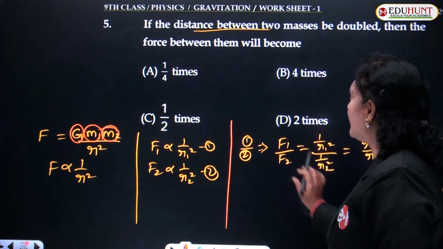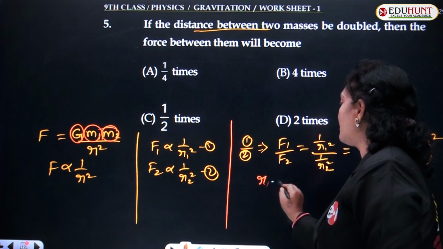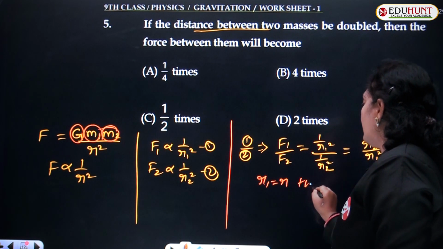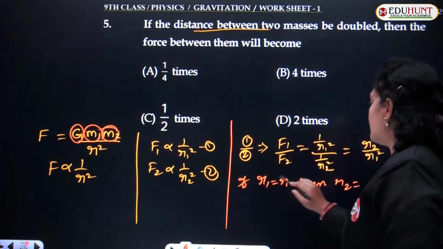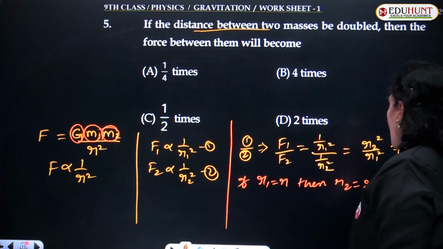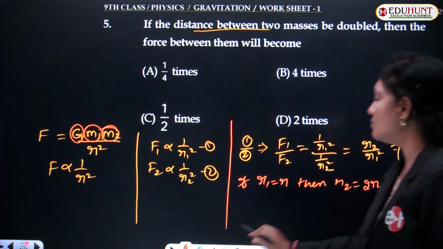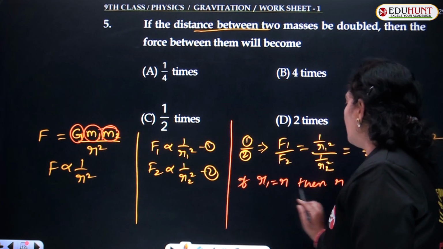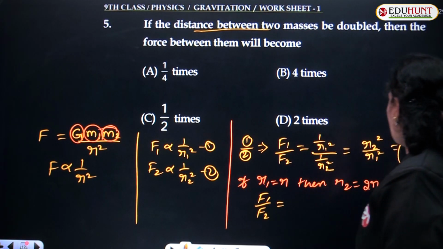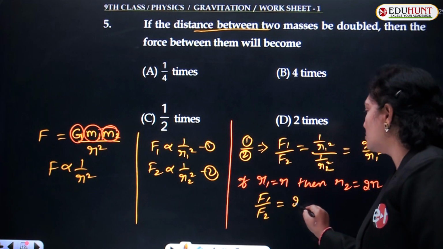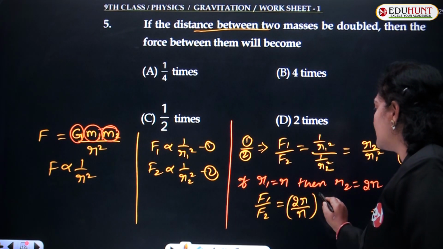But what is given, children? The distance between the two masses is doubled. So if R1 is R, then R2 must equal double of that, that is 2R. Substituting the same in the above equation, we get F1 by F2 equals 2R by R whole square.